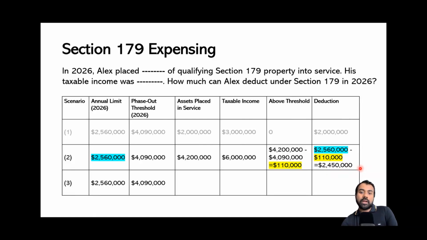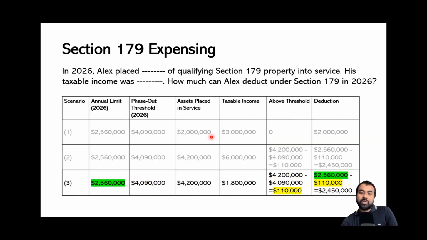Now let's look at our third and final scenario. Everything else essentially remains the same except the taxable income has changed. Rather than 6 million, it is now 1.8 million. What many students do is they don't notice the difference between scenario 2 and 3, and they do the same calculation as in scenario 2, and then select 2.45 million as the correct answer.